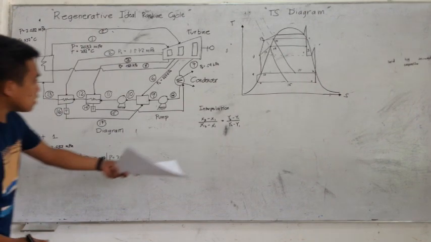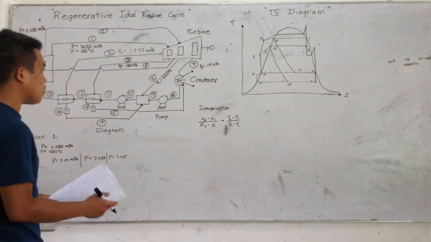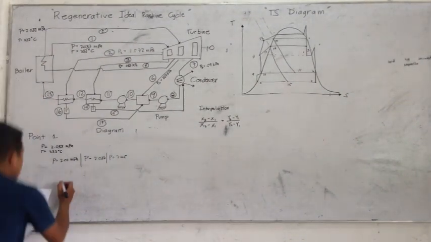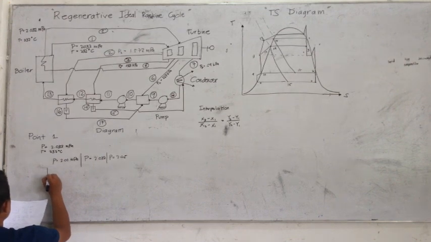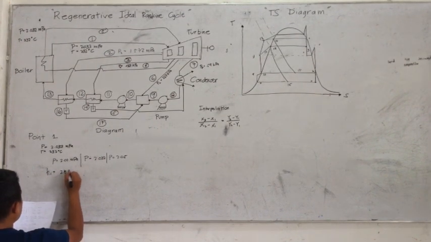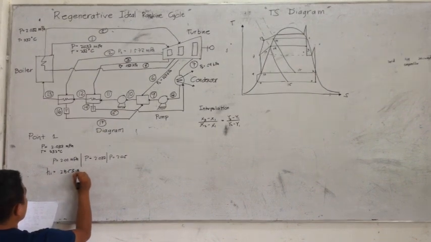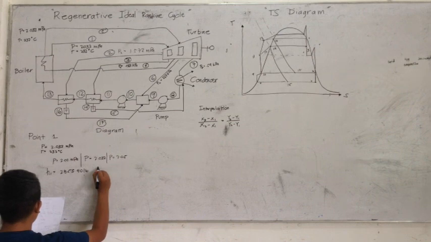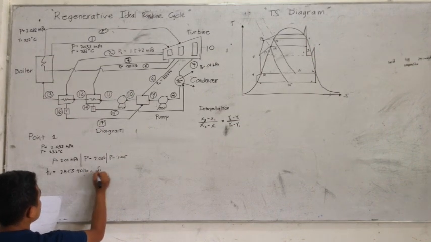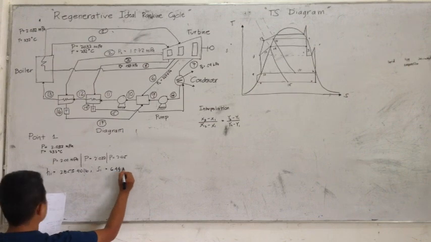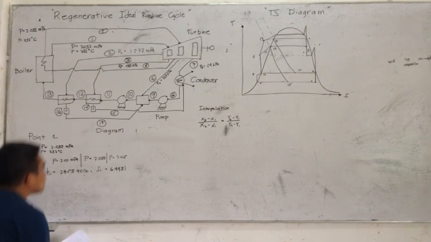So we substitute into the interpolation formula, and we get H1, which is 2853.4016, and S1, which is 6.4431.